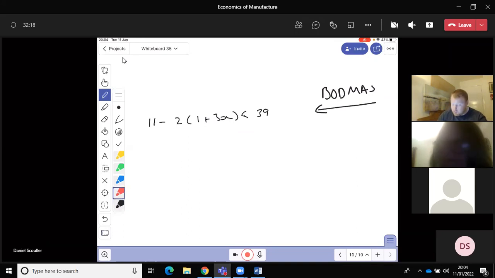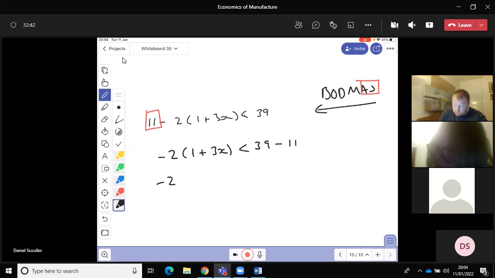So the first things we want to move across are these add and subtracts. That 11. We want to move that 11 from the left-hand side over to the right-hand side. Nothing happens at this stage with the symbol in the middle. So on the left-hand side, we're going to be left with 2. 39 minus 11 is 28.